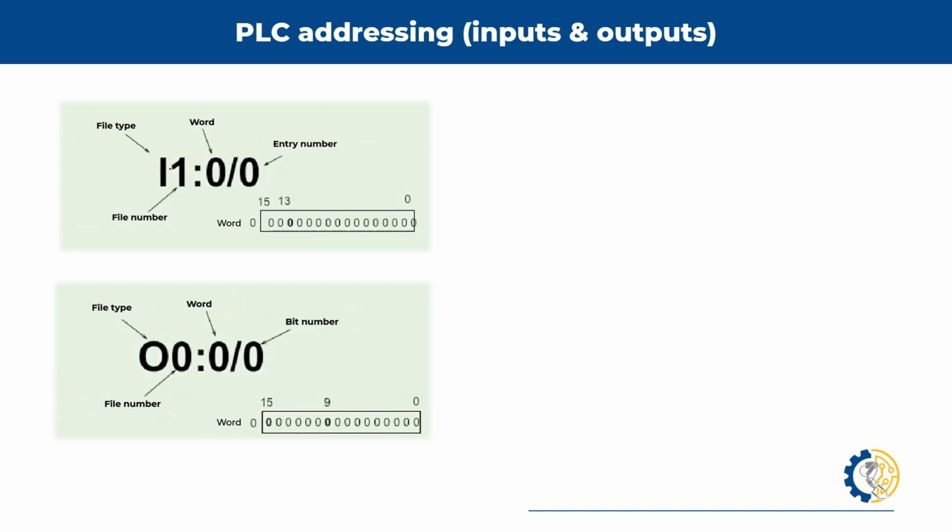So when it says file type, this one, for example, okay, this one on the bottom part is a different letter. It's an O. So the file type is O, which means that this is an output. Okay, so we're able to identify this. And then it says file number.